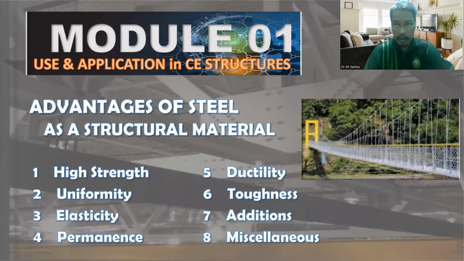Of course, it would fail, but compared to other construction materials it is much better. For example, concrete has toughness at its disadvantage. It's not tough. It cannot handle so many cycles of positive and negative loading.